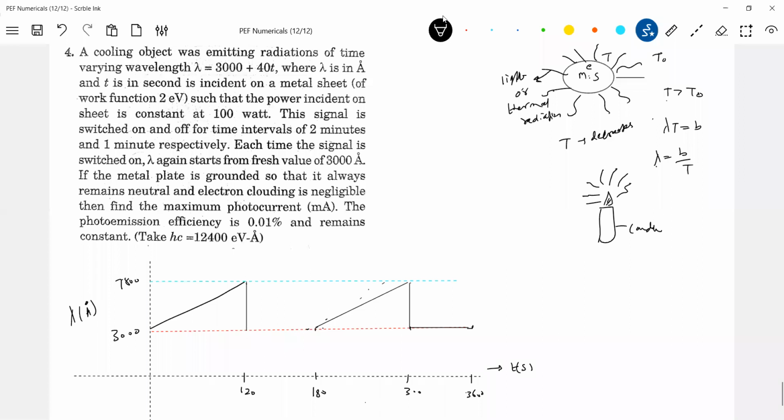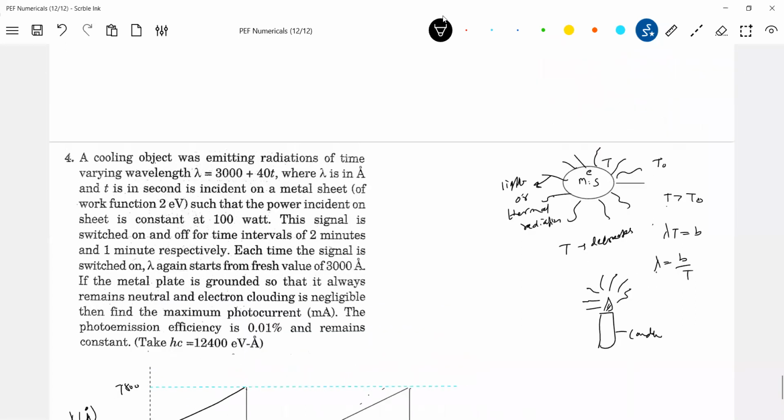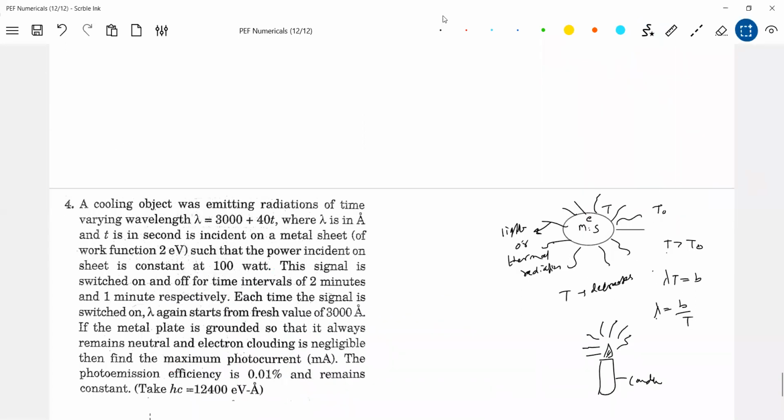And incident on a metal sheet of work function 2 electron volt. Shall we calculate the cutoff wavelength? I think we need the cutoff wavelength. Just wait, I'll push this up.